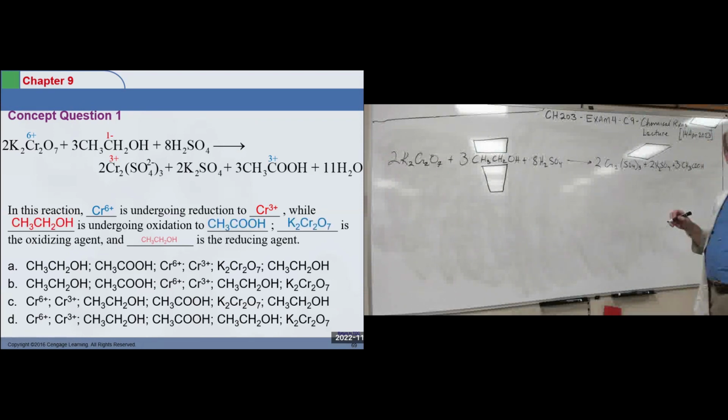This is acetic acid. In your textbook, it might be written this way: HC2H3O2. Same thing. And then 11 waters.